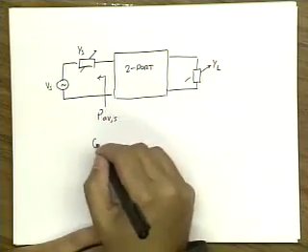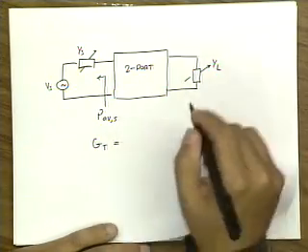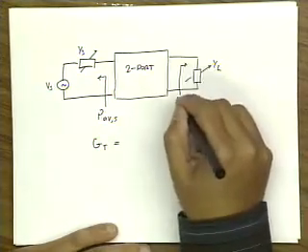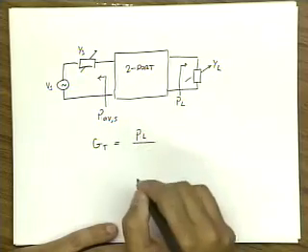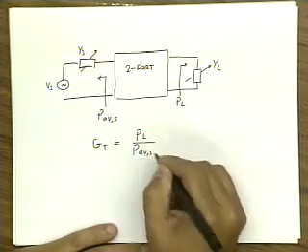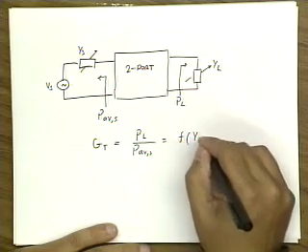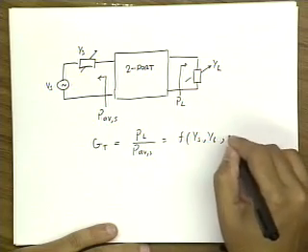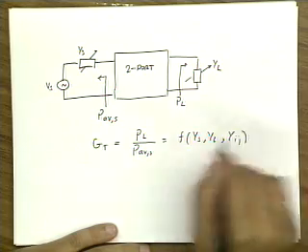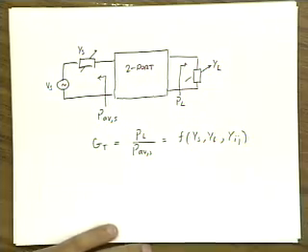If we look at the transducer gain, it is the power flowing into the load divided by the power available from the source. And we derived last lecture that this is a function of both the source and load admittance and the 2-port parameters of our network.